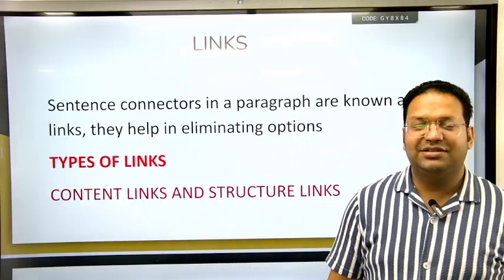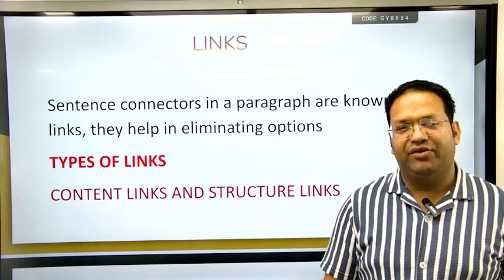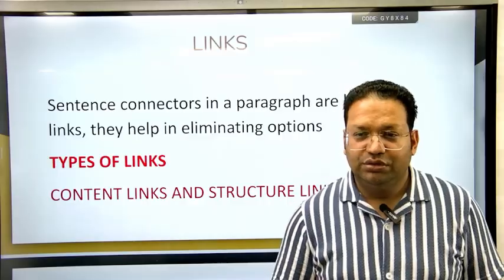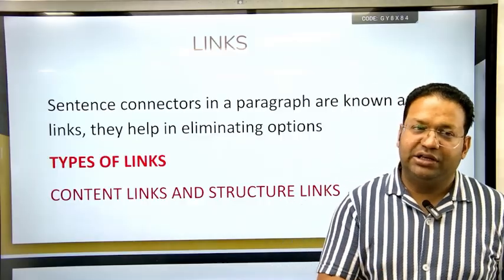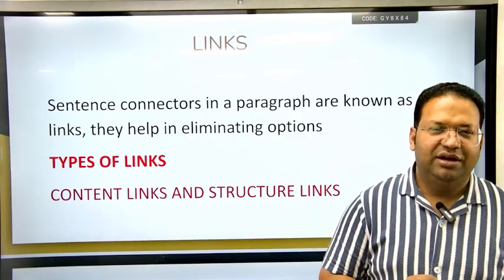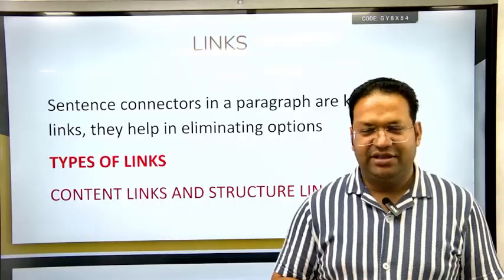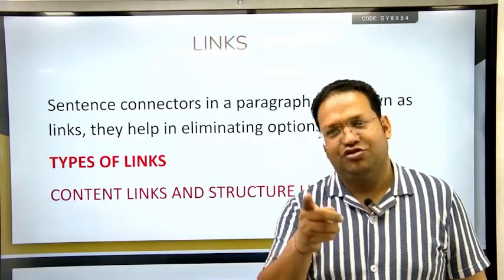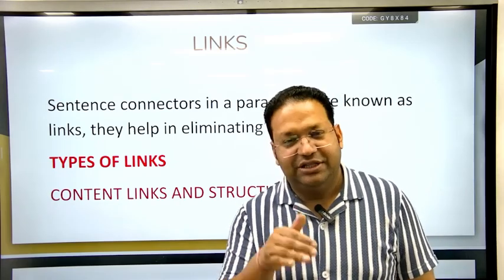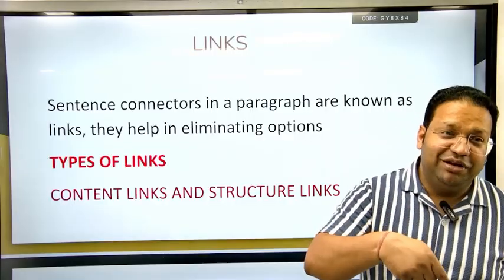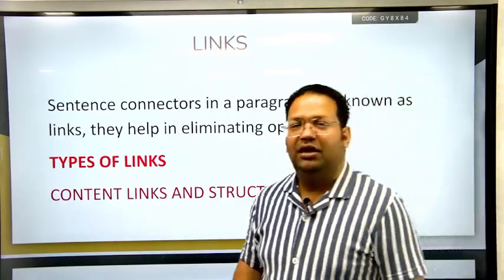So maybe in a sentence you find somewhere that 'than' is given. So what will you do? That means 'than' should be connected to something else, not with prefer, because with prefer we are supposed to use 'to'. Something else should be there. Then you will find an option beginning with 'to', so that would be the correct one, because grammar would be there.